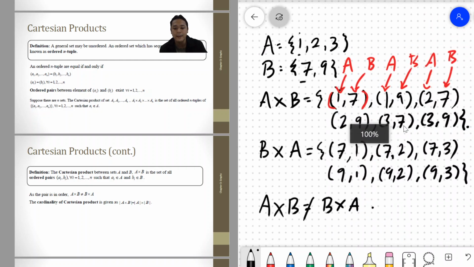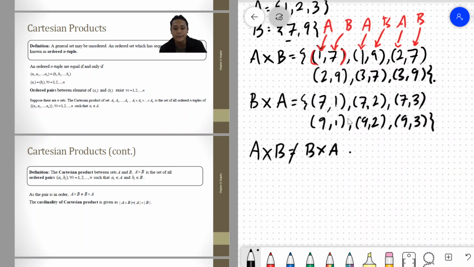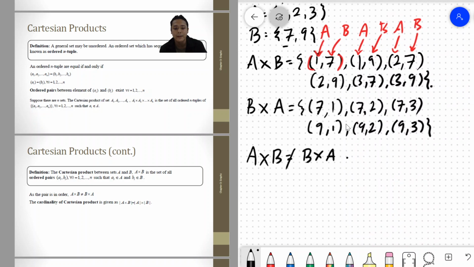Using the same set A, try to do A times A. The operation on the same set, A times A, with 1, 2, and 3.